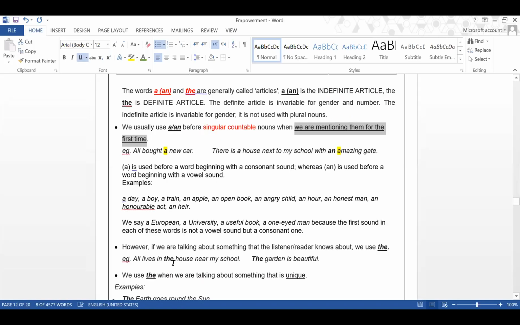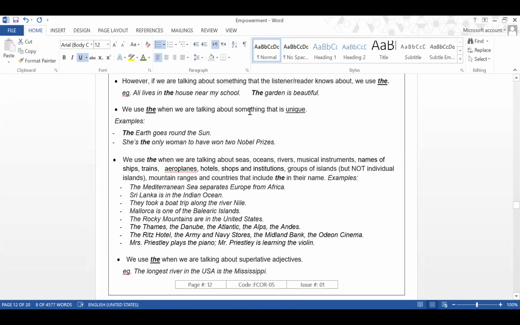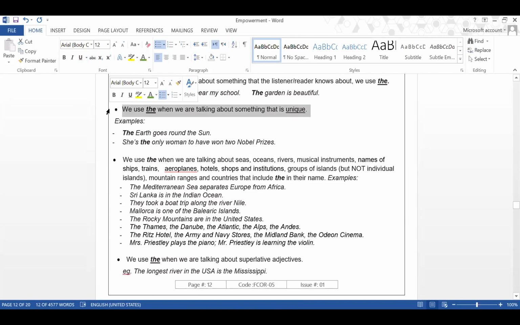Is that all? No. Look, we use the article the when we are talking about something that is unique also. Unique means that we don't have many similar things around. Like, how many suns do we have?